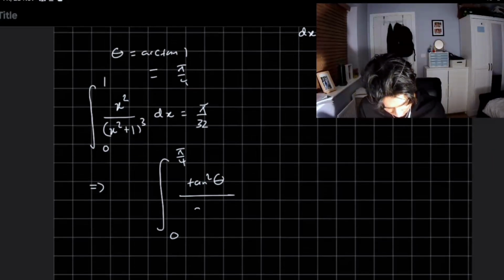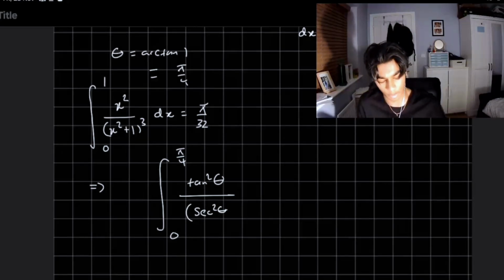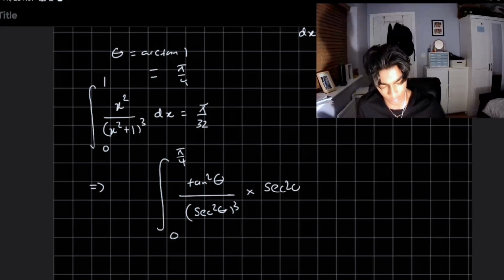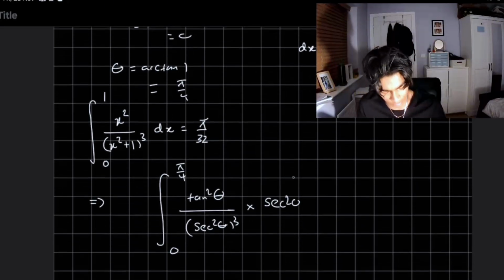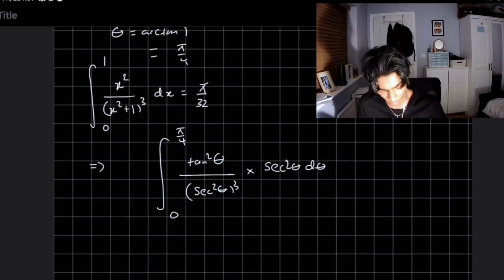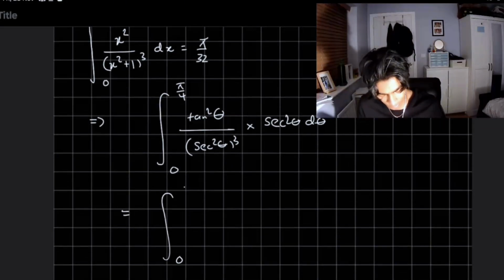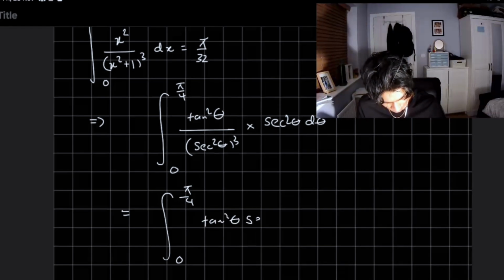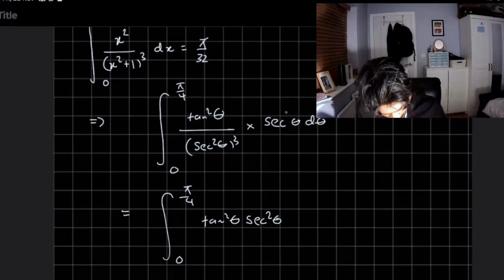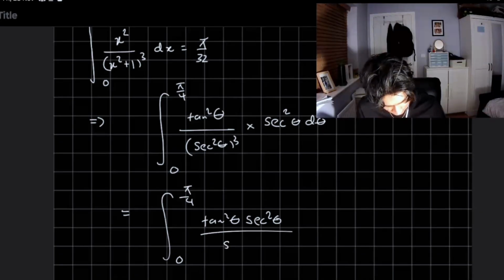So we're going to say sec squared theta cubed multiplied by sec squared theta d theta. We simplify this out further. That gives sec 6 theta d theta.